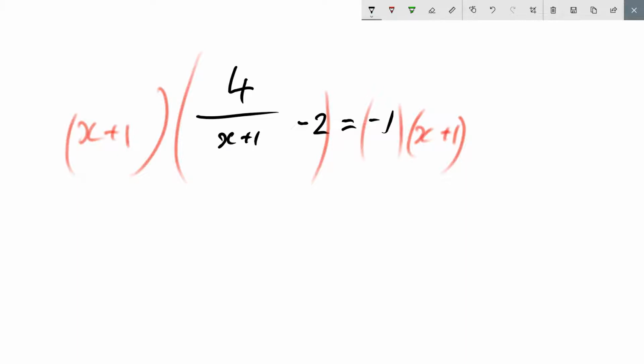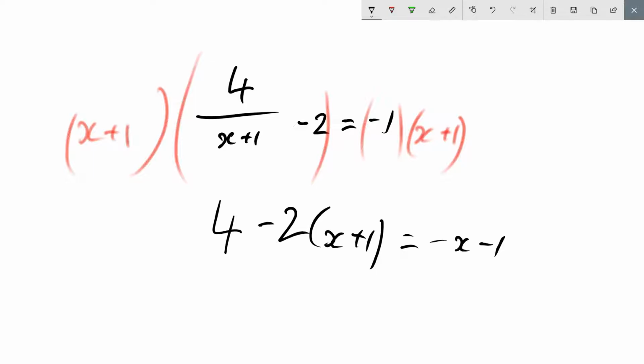And this isn't a quadratic, so this is just a denominator, remember. So you will cancel out the fraction here, so we'll get 4. And then subtract 2 lots of (x plus 1). And then on the other side, we'll have negative that, so we'll have minus x, and I'm going to expand in, so we have x minus 1.